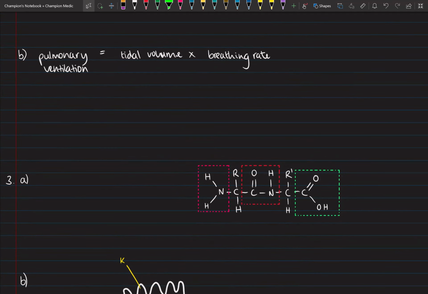So this equation is already 1 mark. Then you say the breathing rate increases. And the tidal volume increases, or the volume of air per breath increases, you could say.